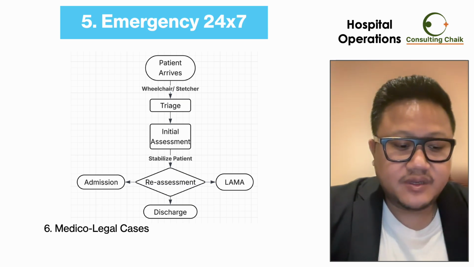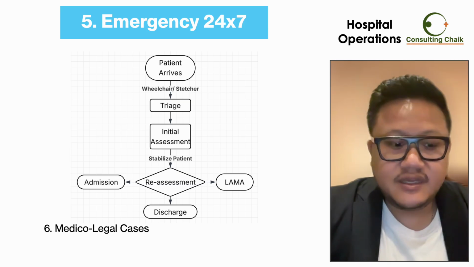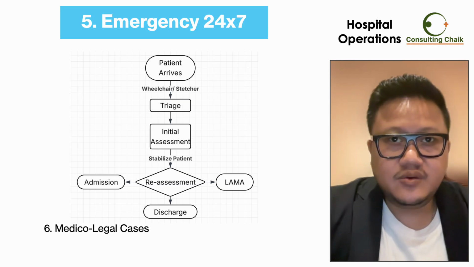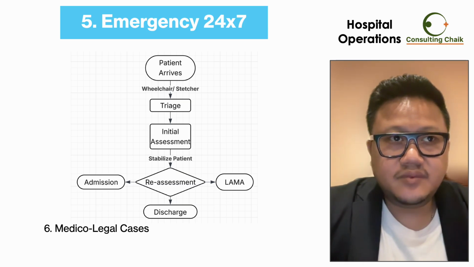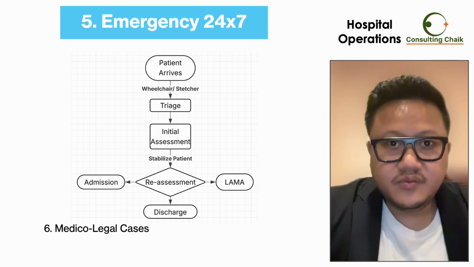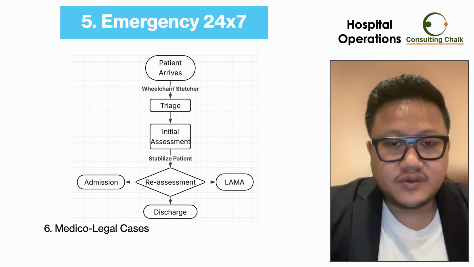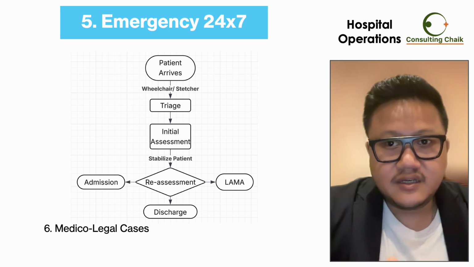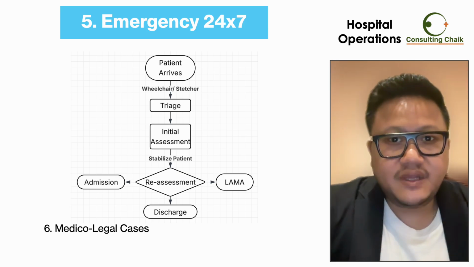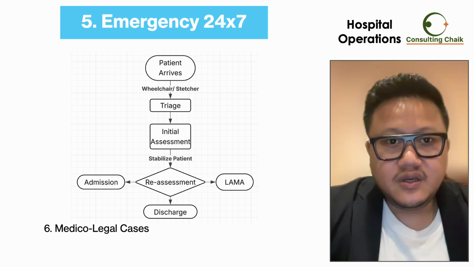For example, if you don't know the cause of death, you have to write in the death summary that the cause of death is unknown because certain investigations could not be carried out. You have to explain everything in the death summary so that you are safe from any legal problems in future.